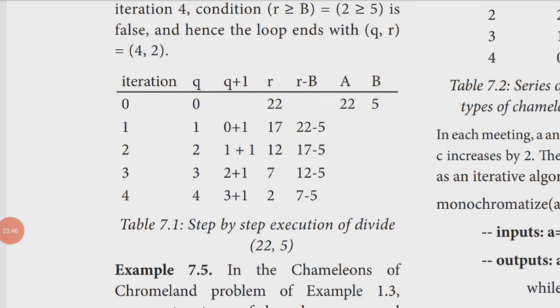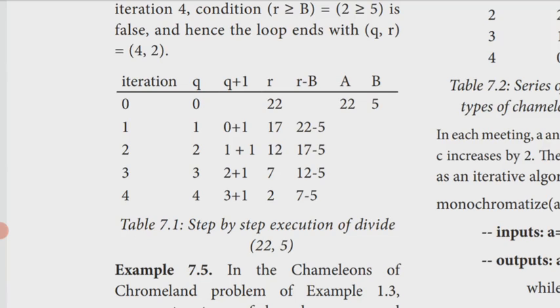When we start the first step, the quotient will be 1, so quotient is 0 plus 1. Here we want to check the remainder, so 22 minus 5.